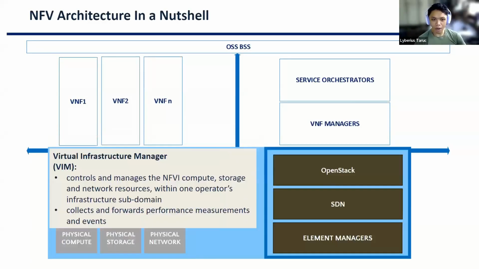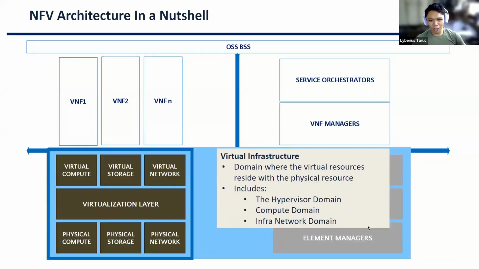Now this is the platform resource on the left. It's what's called the NFVI, the NFV infrastructure. It also has smaller components, but to simplify this, this is where your virtualization would come in.